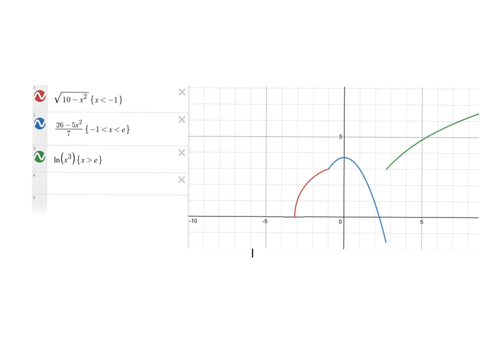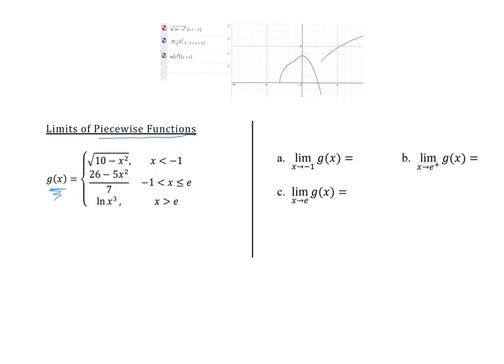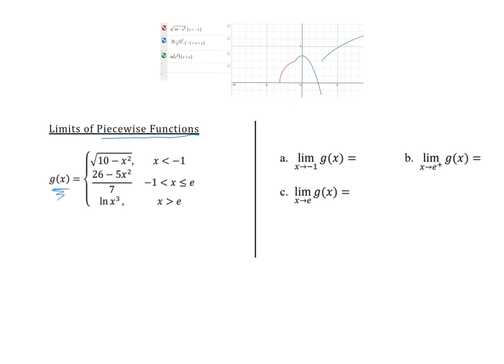And then we've got the second function here, but we only care about it from -1 to e. And then the third function. So a piecewise function, it's just taking functions and restricting their domains. And then the idea is all of these together is now its separate function. So all of them together is this g of x.